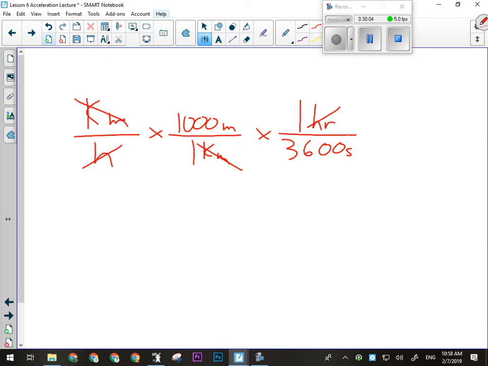All right, so whatever my number was in kilometers per hour, I've got to multiply it by 1,000 and then divide it by 3,600. Or I could shortcut and say 1,000 over 3,600, just multiply by that. Agreed? Or even easier.